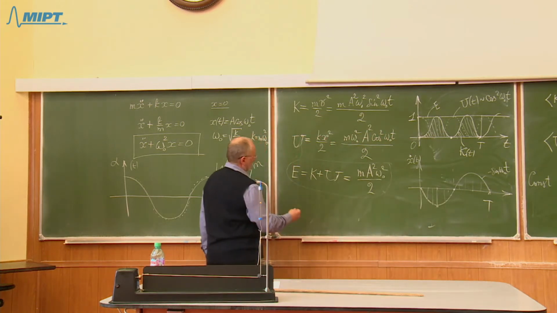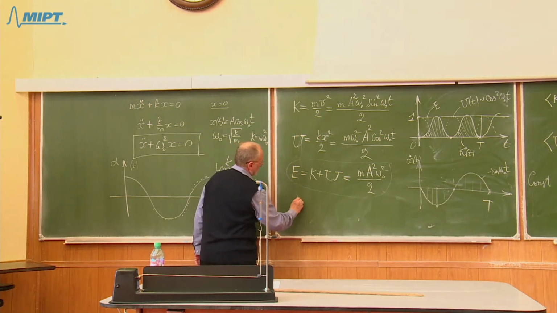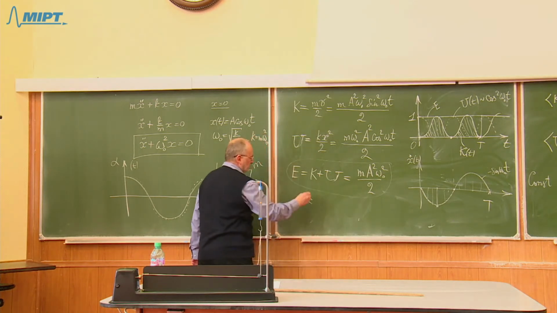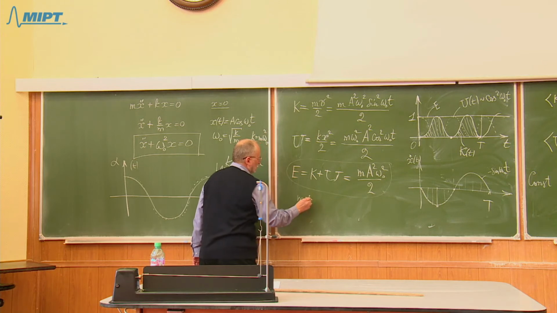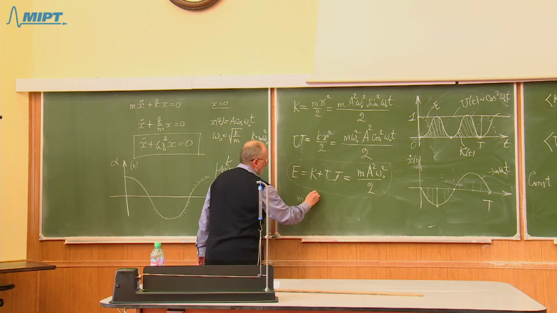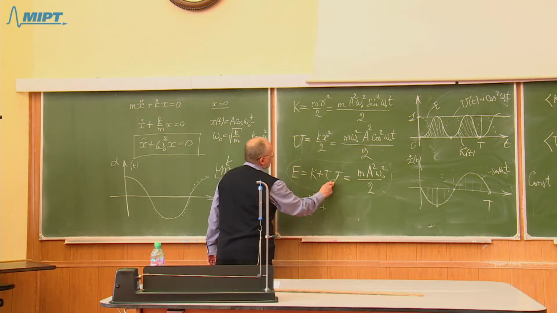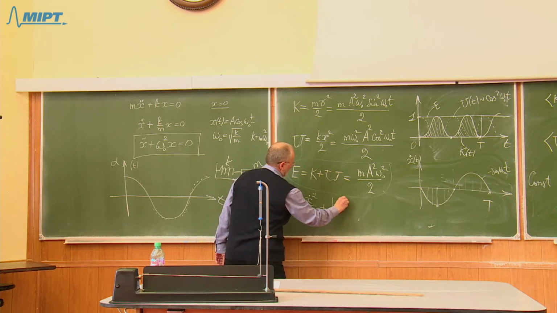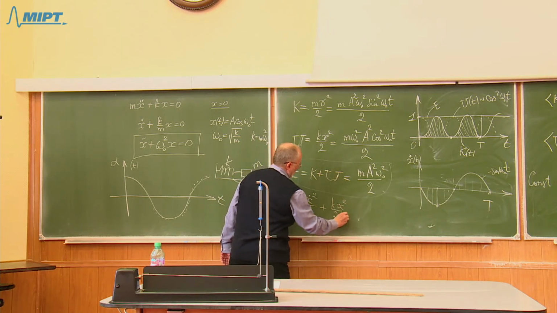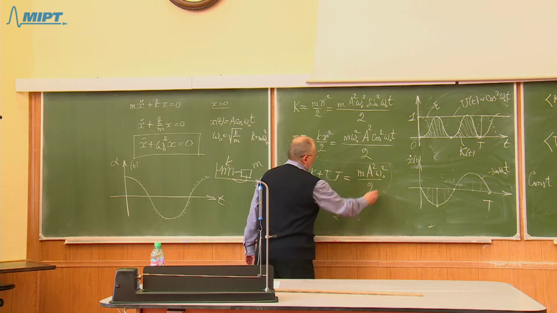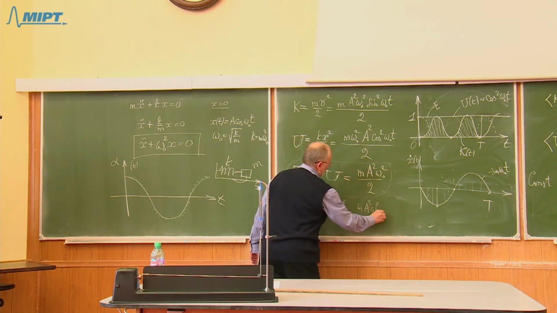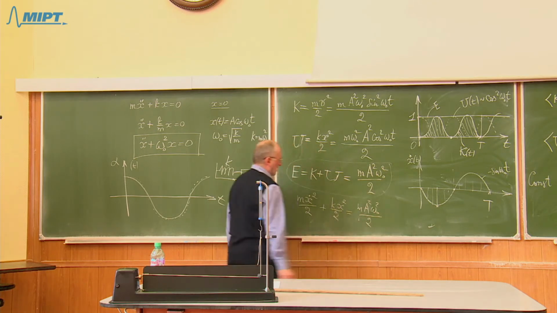It's m v squared divided by 2, and I would like to write this as m times x dot squared divided by 2, since velocity v is the first derivative of the coordinate. And the potential energy is k x squared divided by 2. And all this is m a squared omega 0 squared divided by 2.